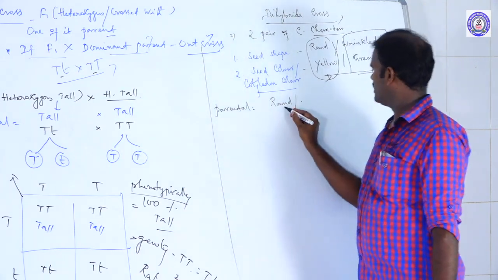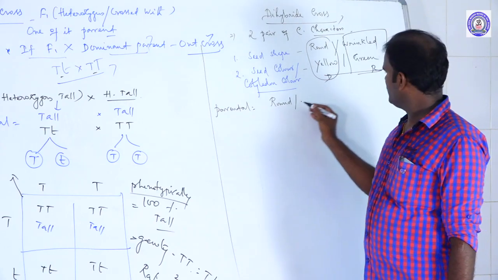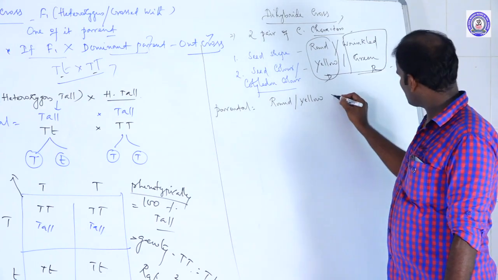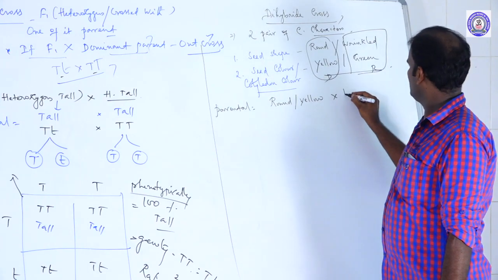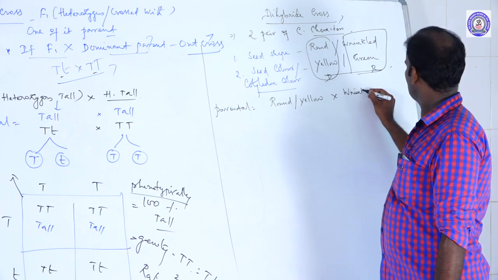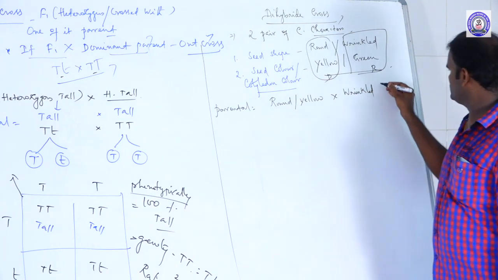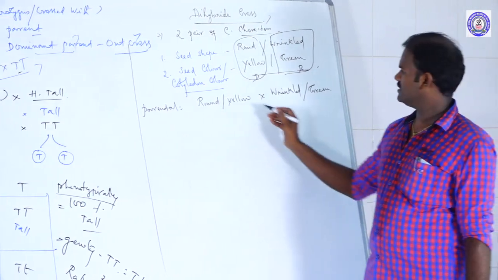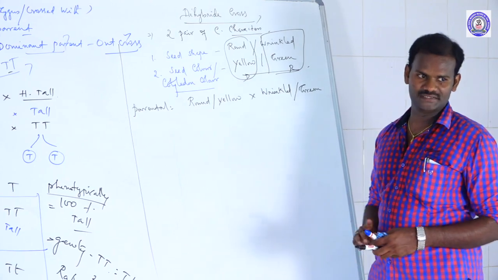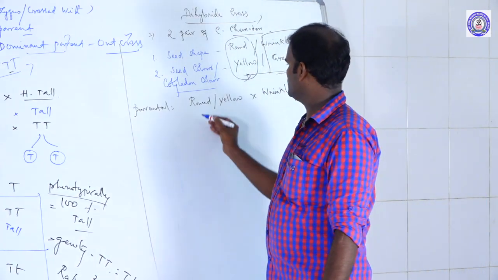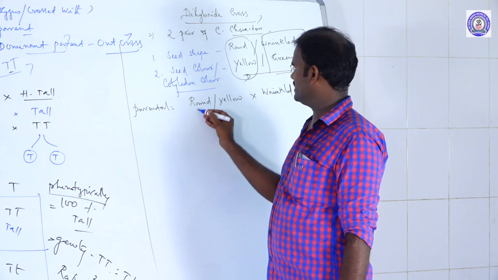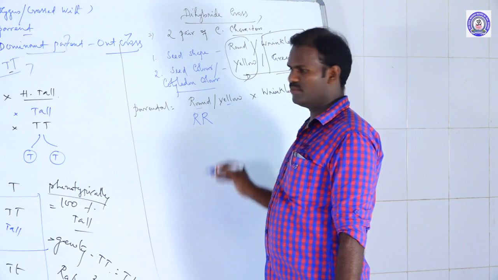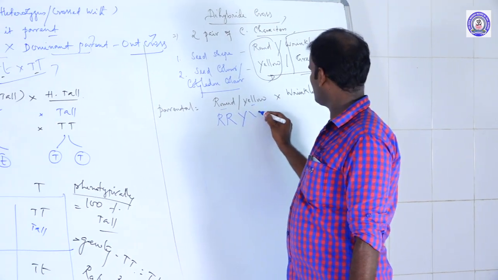Mendel crossed round-shaped, yellow-colored seeds with wrinkled-shaped, green-colored seeds. So these are the dihybrid parental combinations. Round is dominant, which Mendel represented as capital R. Yellow is dominant, capital Y.